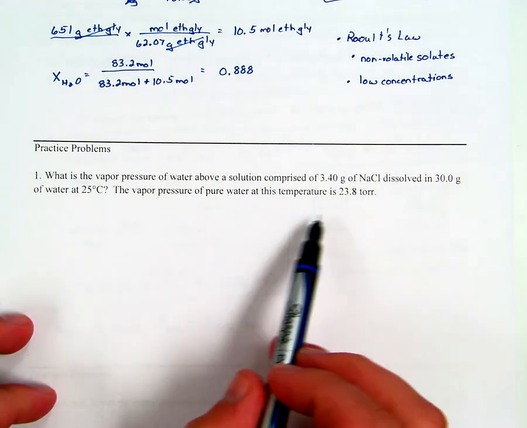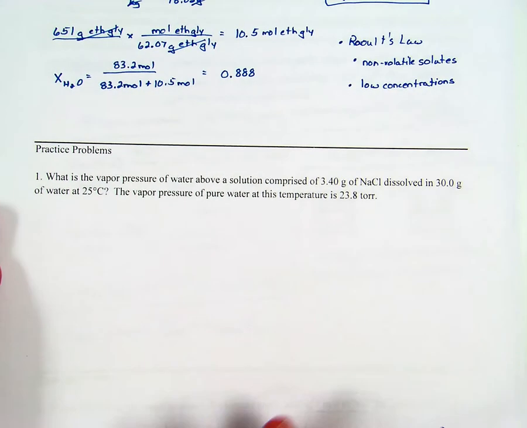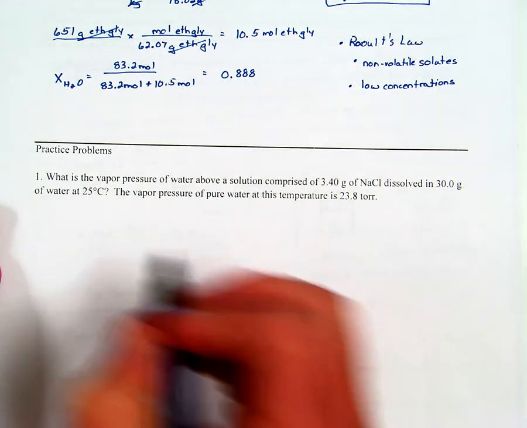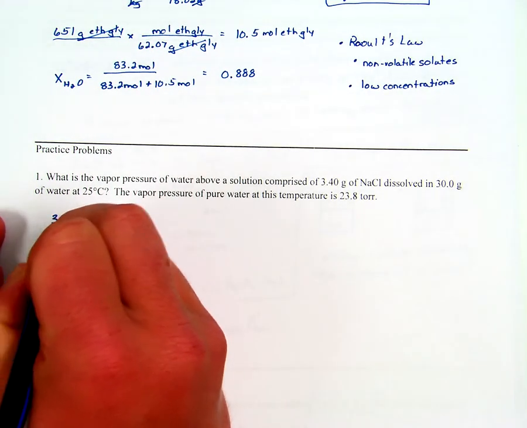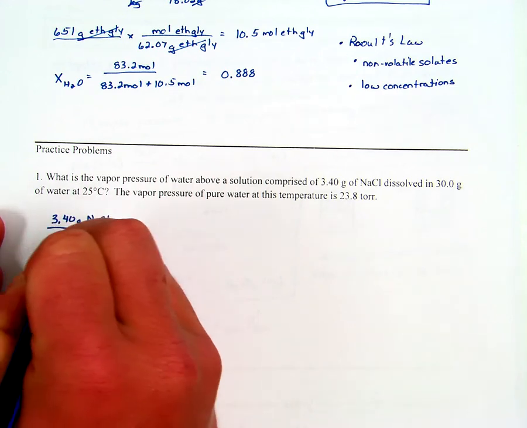We're going to need to calculate a mole fraction for the solvent, being water here. So I have 3.40 grams of NaCl, and I need to go grams to moles, and I have not yet worked this one out, so we're going to need to calculate the molar mass.